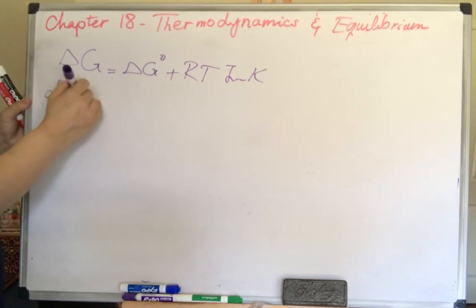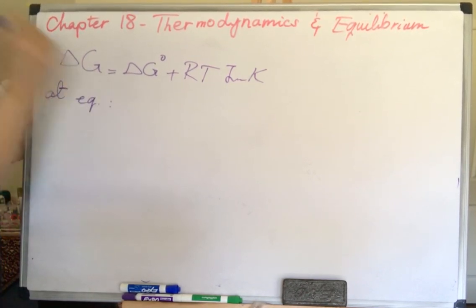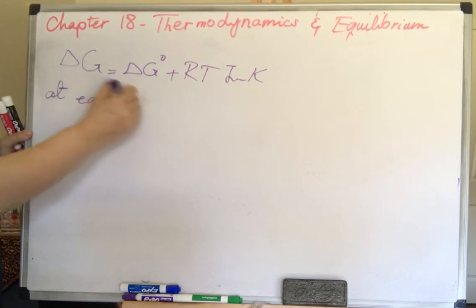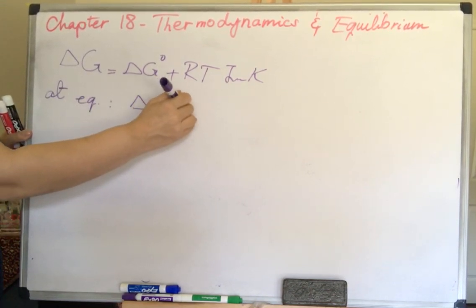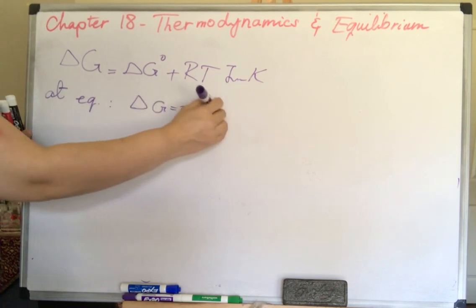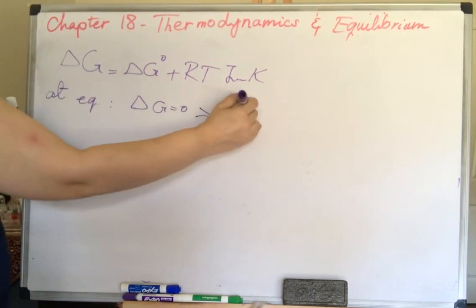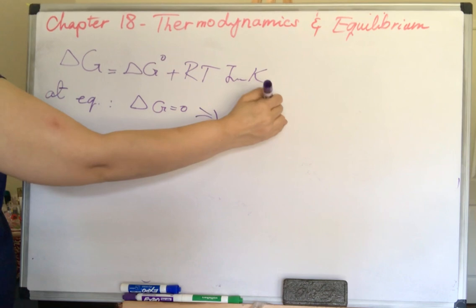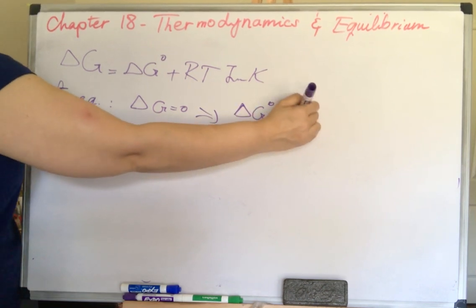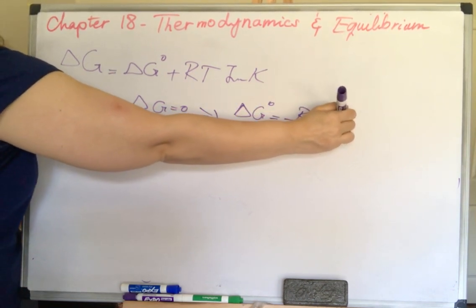If the system is at equilibrium, what did we say about delta G? Delta G is going to be 0, right? Almost 0. So if you put it here, delta G standard is going to be minus RT ln K.